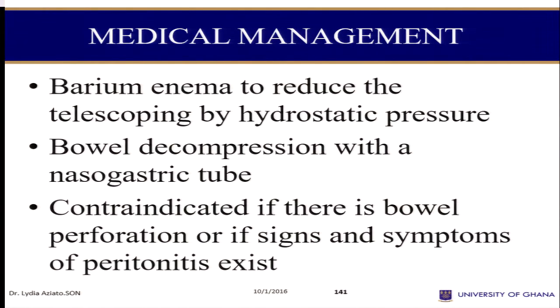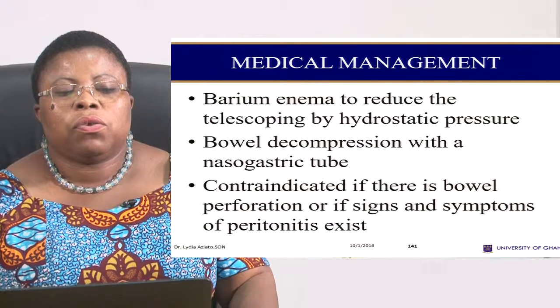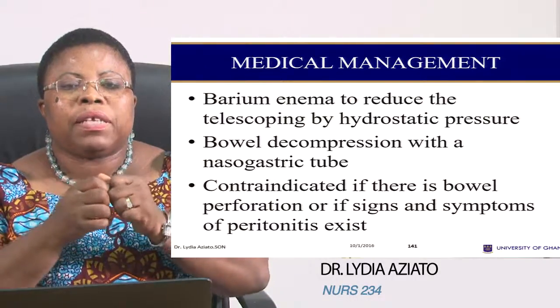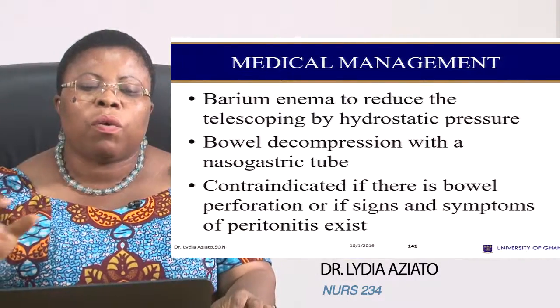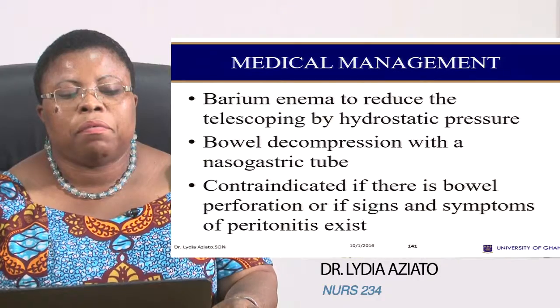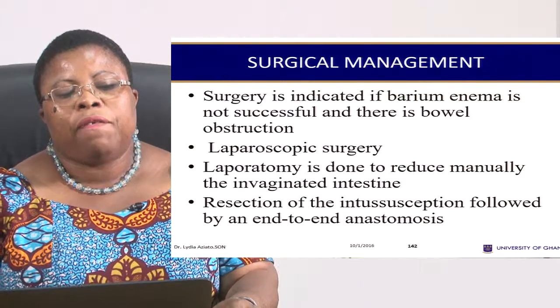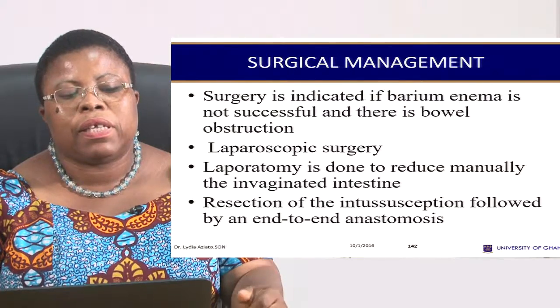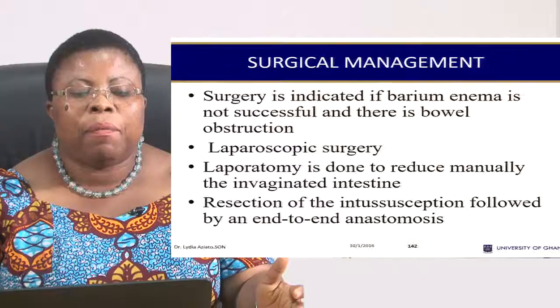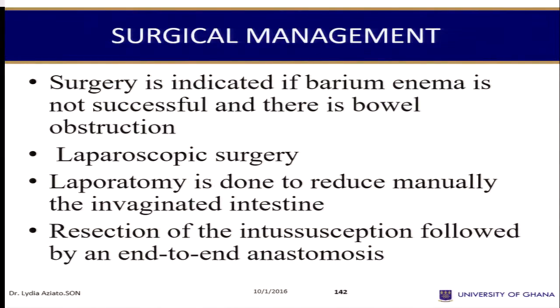So the patients can have a barium enema. The barium enema is given to see whether the place can expand for the part that has gone in to come out. But if you don't have that facility, you do the laparotomy and try to manually, gently pull out the invaginated portion.